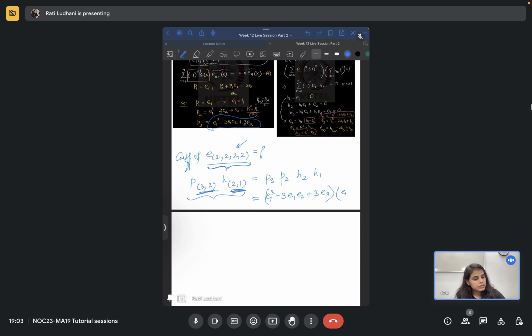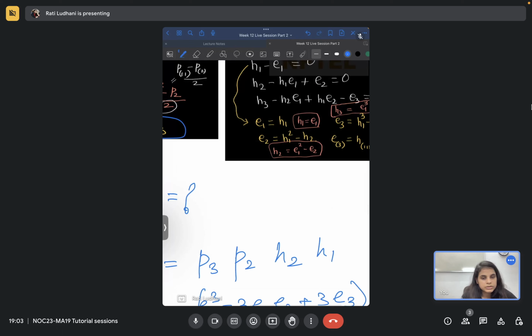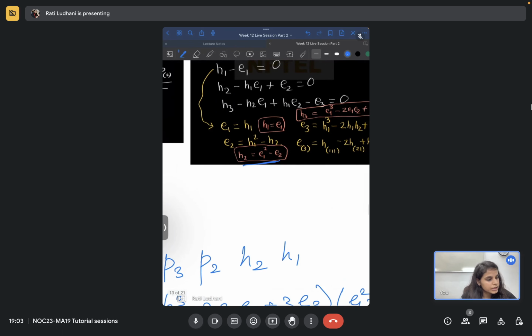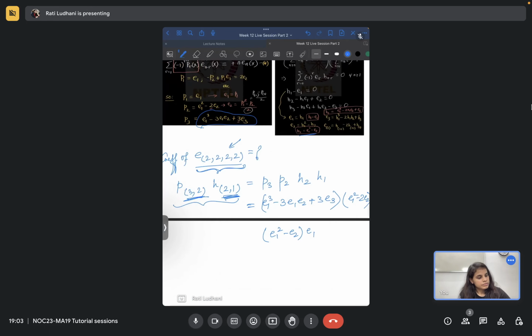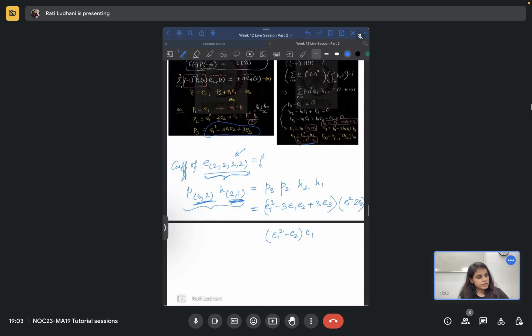P2 is E1 square minus 2 E2. H2 is E1 square minus E2, right? And H1 is E1. So this is the product we are looking at.